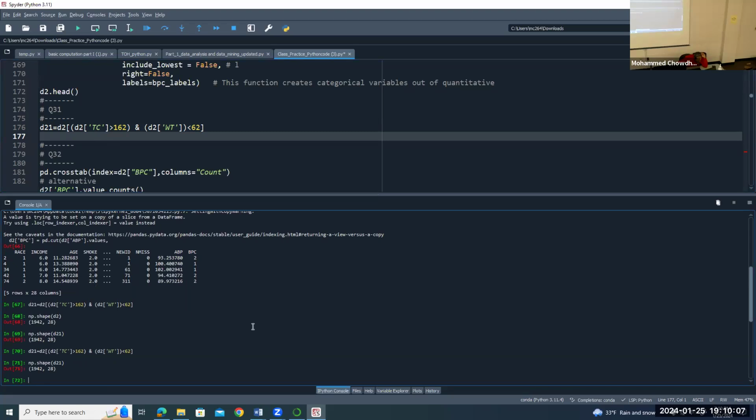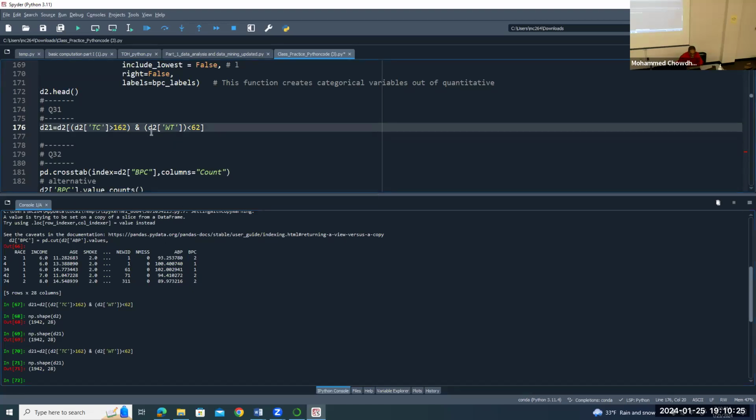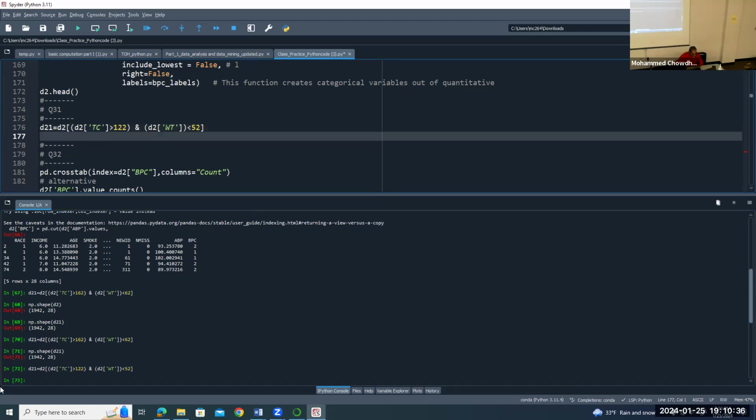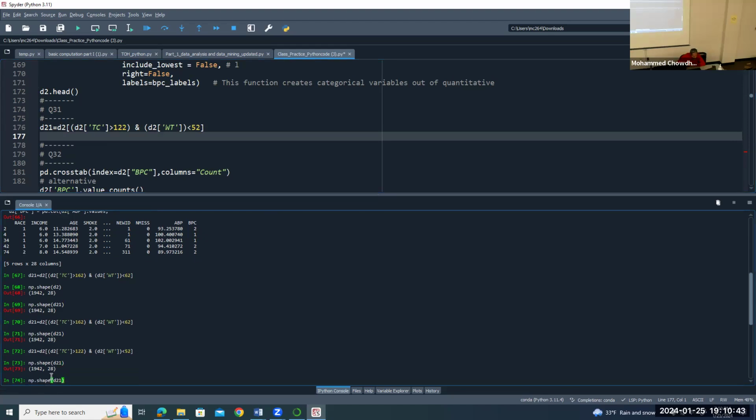Okay, still the same people. Same people. So that means the people whose total cholesterol is 162 are the people who have that weight and that cholesterol category. But if you change it, suppose I want to change it to 123, and weight, suppose I want to change it to 50. Now let me do these things and check again. Hopefully this time it will go down from 1942, but it is still in there.